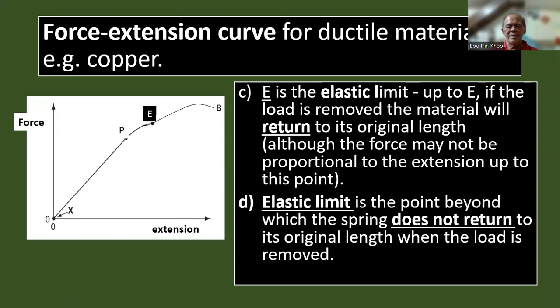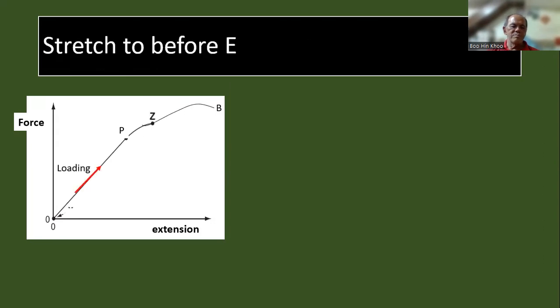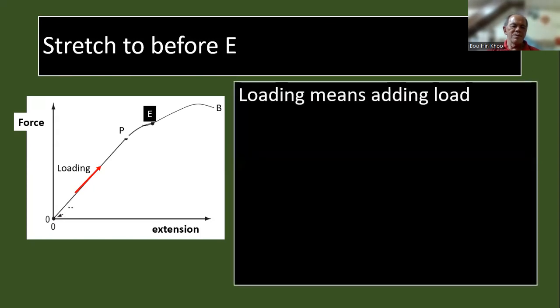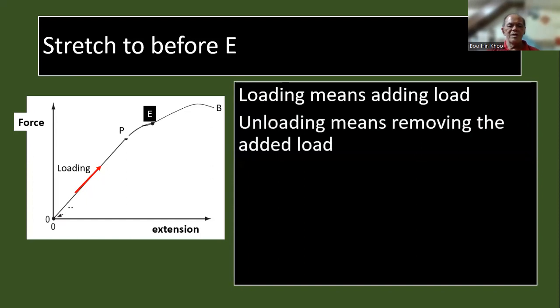So elastic limit is the point beyond which the spring does not return to its original length when the load is removed. When we add the load, we call that loading. So loading means adding load, adding weight. Unloading means we remove the load.